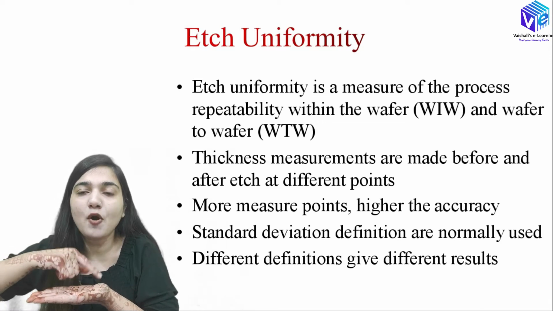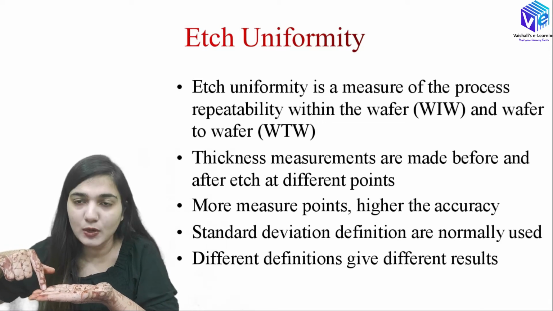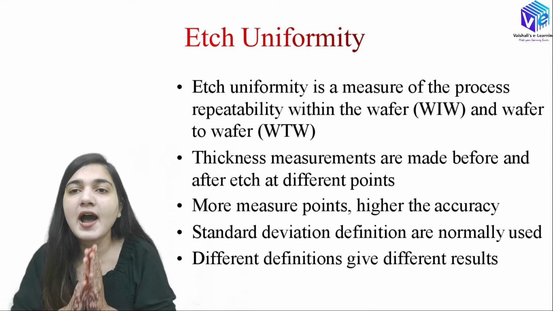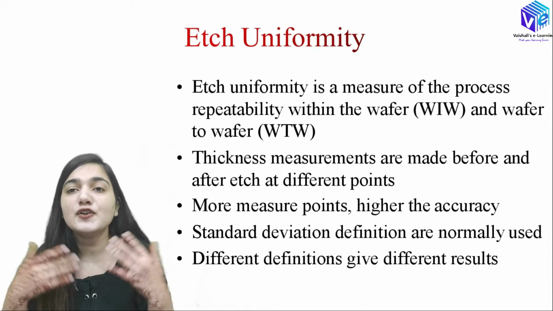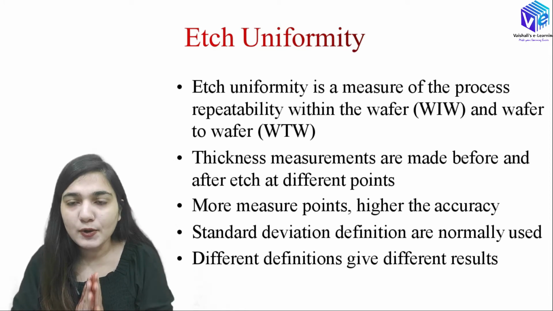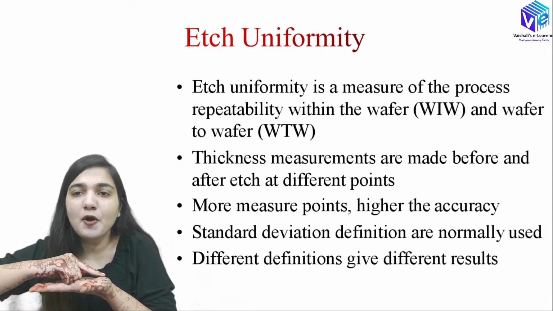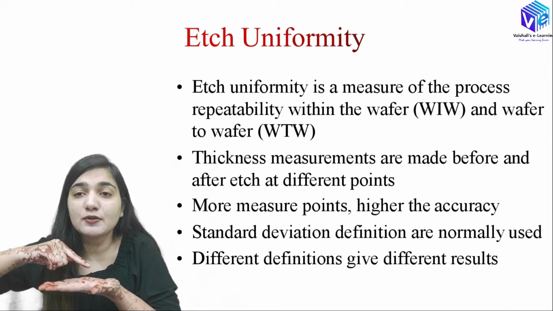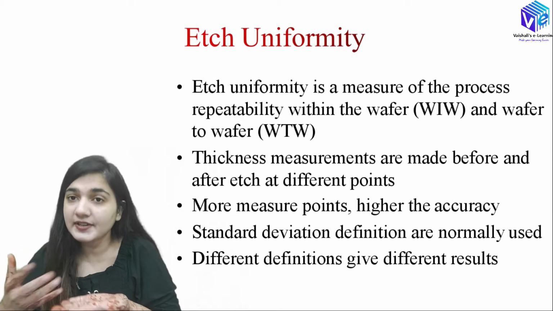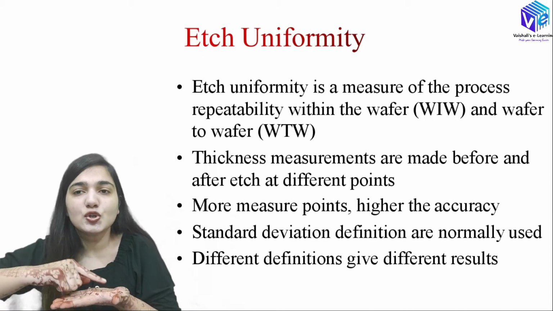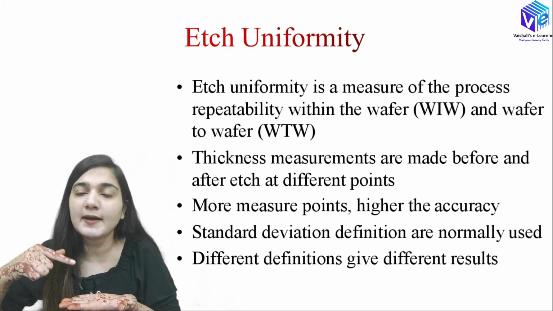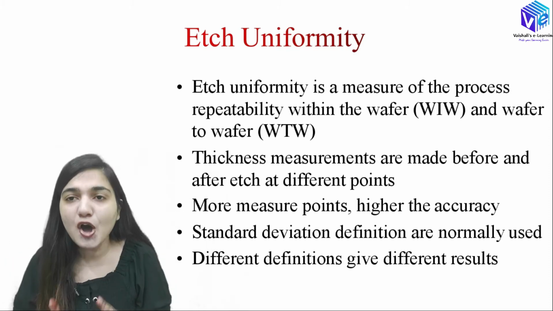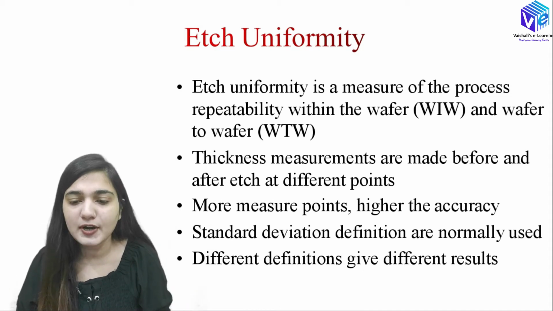At all of the points the depth should be equal. If I am removing it equally, it will be called uniform etching. If after the etching at a particular point the depth is less, at another point the depth is more, and at the next point again less and then more, this is non-uniform etching. I hope now you understood it.